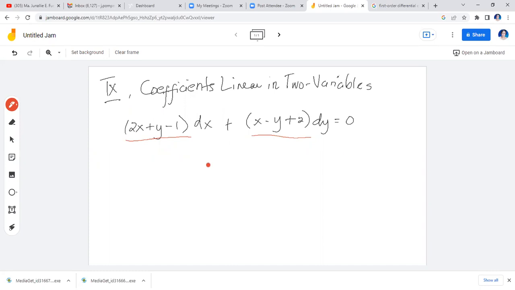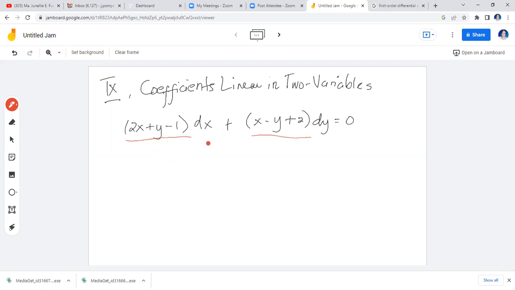But nonetheless, to make things simpler, we say a first order differential equation has coefficients linear in two variables, or even one variable, if it has only the variables x and y present in the coefficients together with the constants.